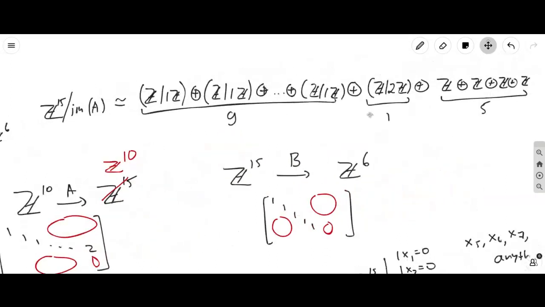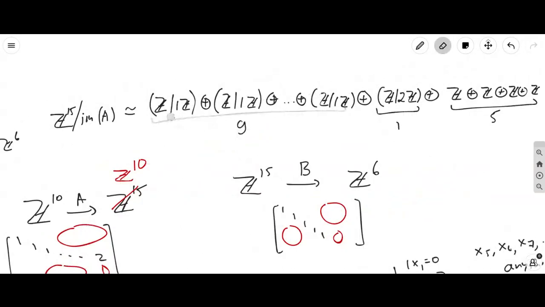Instead of Z to the 15, if you replace it by Z to the 10, the kernel, mod the image of A, then as before you would have 9 trivial factors, then Z mod 2Z, and no remaining factors because this is exactly Z to the 10.